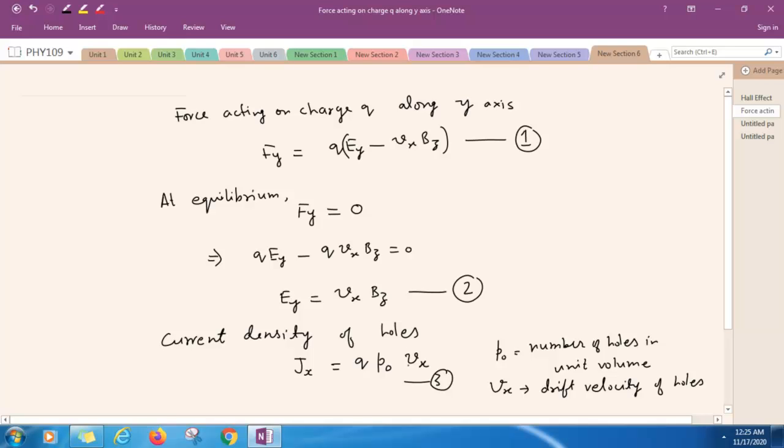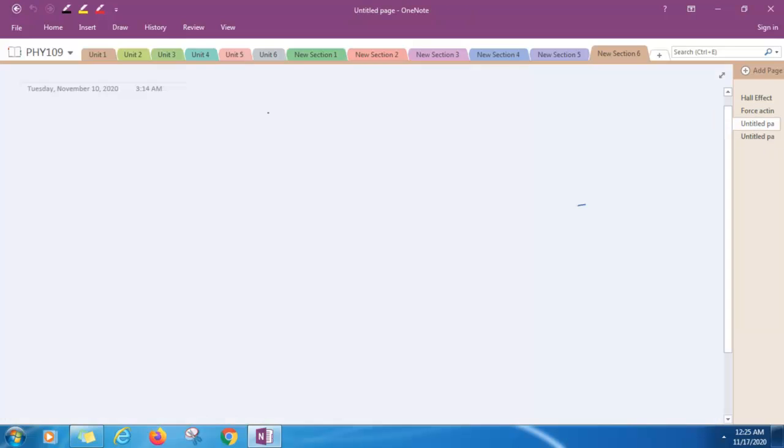Now substitute the value of Vx from this equation in equation number 2. What we have? From equation number 2, you have Ey is equal to Vx Bz. Vx is what? Jx divided by Q p naught. Then you can write like this: Ey is equal to RH Jx Bz.